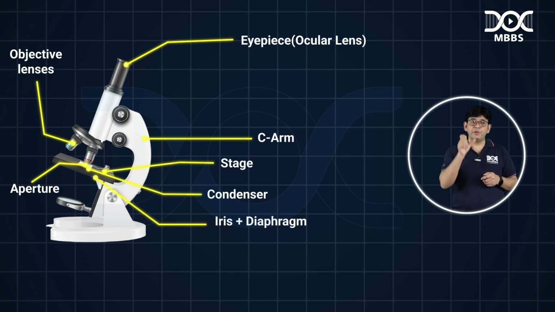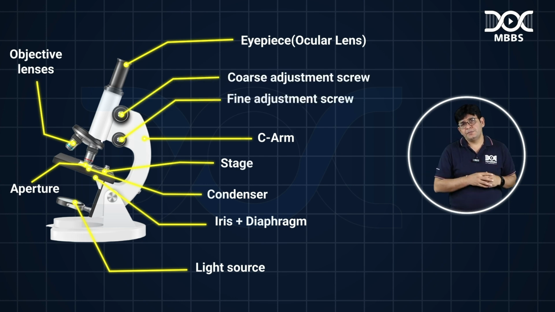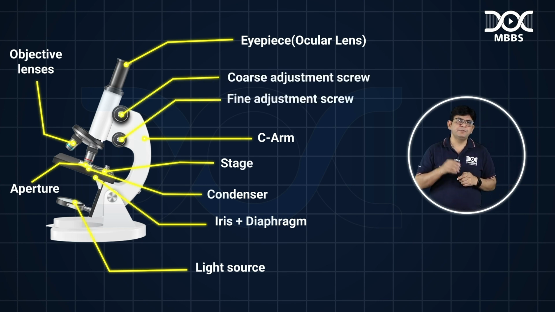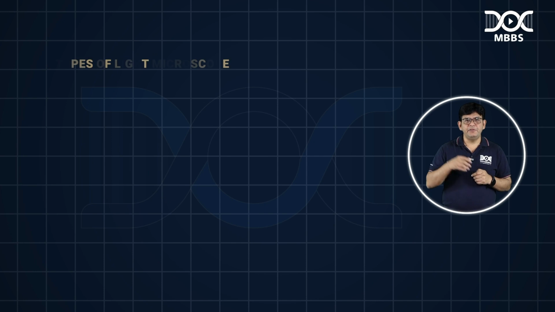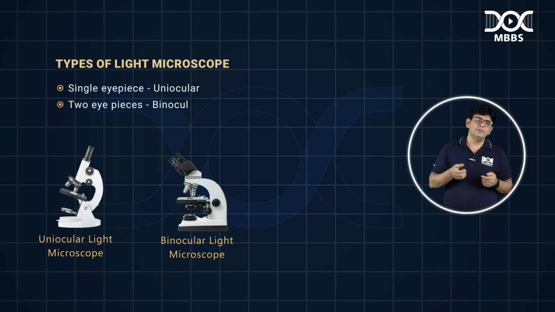The iris diaphragm controls the light which passes through the condenser, and that is being asked also. The light source can be a mirror with natural light, or nowadays an electric bulb. Besides that, you have the fine and coarse adjustment knobs. If it has a single eyepiece, it is uniocular, and if it has two, binocular. So that is termed a light microscope or a bright field microscope.